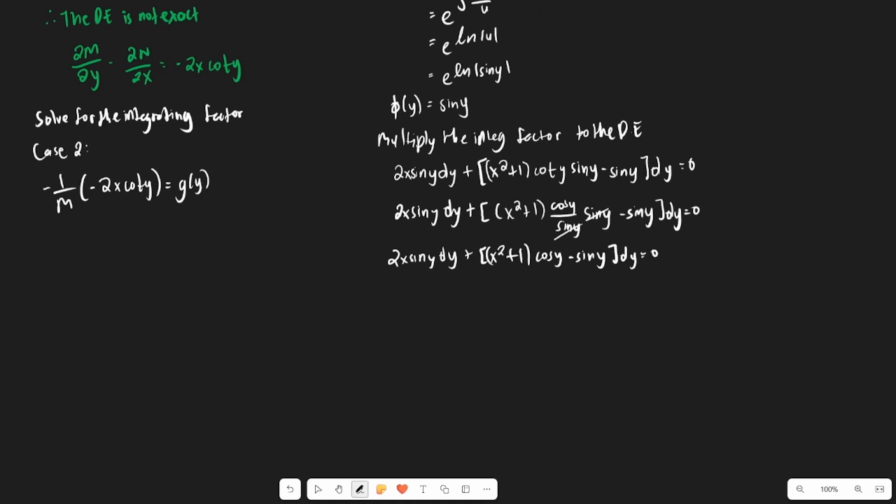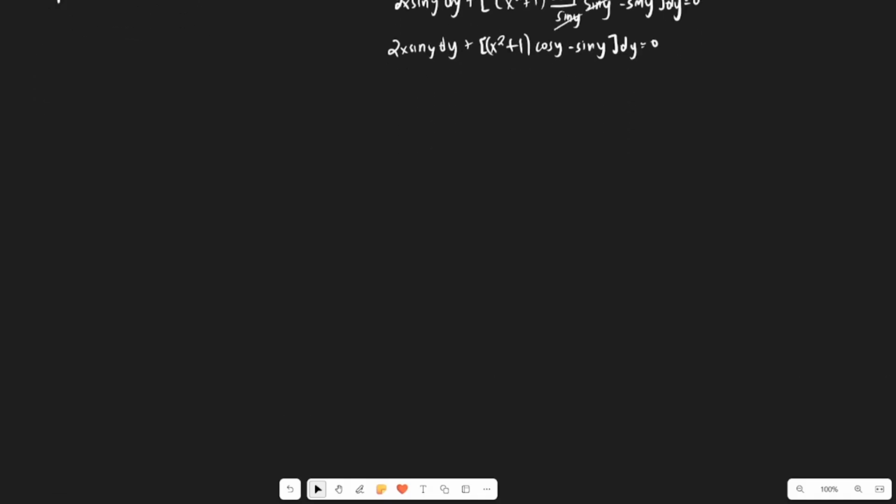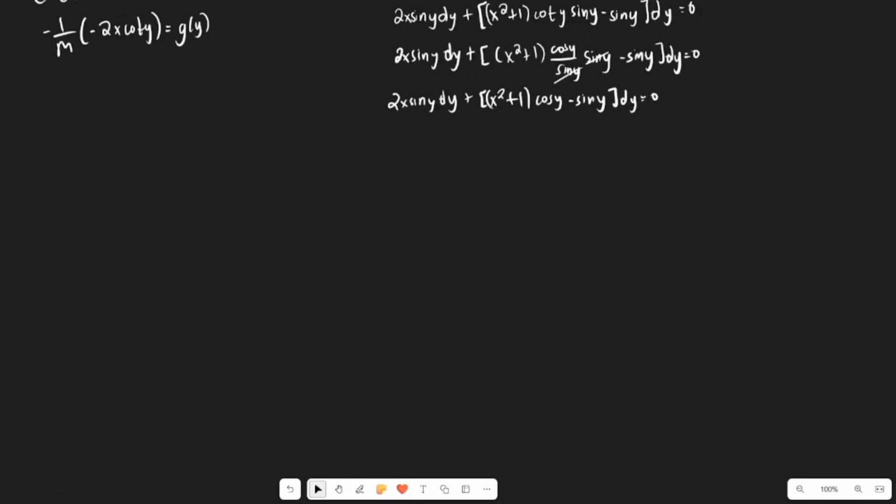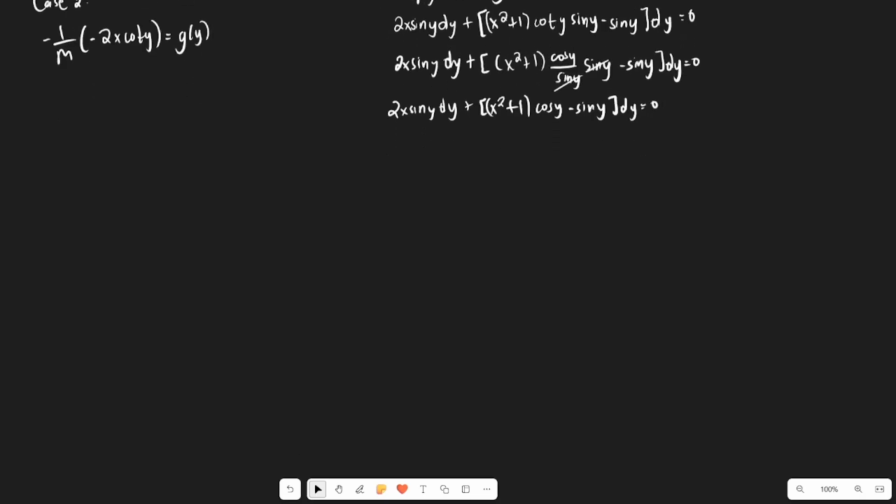Now right here, we now have our new differential equation. So from our new differential equation, let's now have the methods of solution. Or let's just first check for exactness actually.